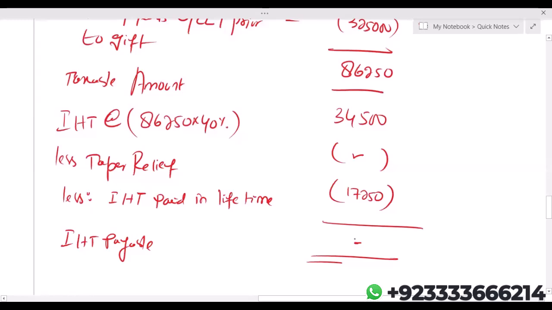There's no such thing as IHT refundable. Mathematically, if the final answer comes negative, you will treat it like a zero. You will not be getting any refund. So when we are calculating death tax, either there will be IHT payable, which we have to pay, or if it mathematically comes negative, you have to write zero because there is no IHT refundable.